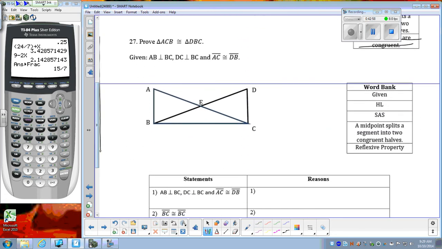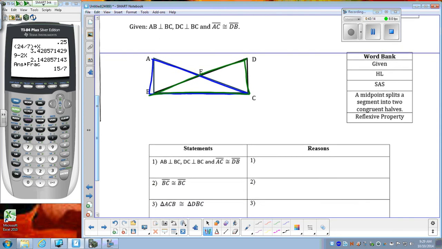Last one, for some reason we flipped it around. I want to prove that ACB is congruent to DBC. Let's look at what I have. I'm given that AB is perpendicular to BC, DC is perpendicular to BC, and AC, I'm going to draw these triangles out separately.